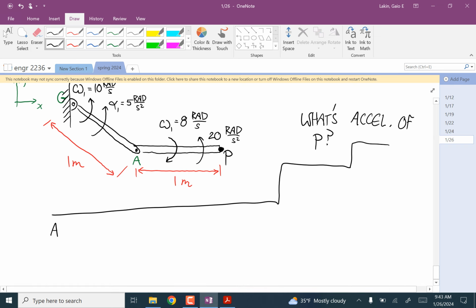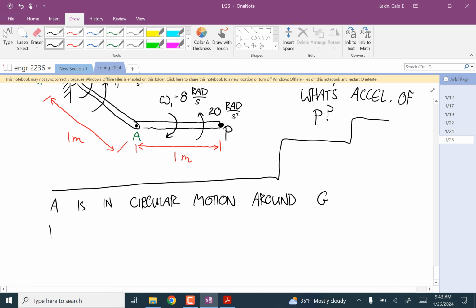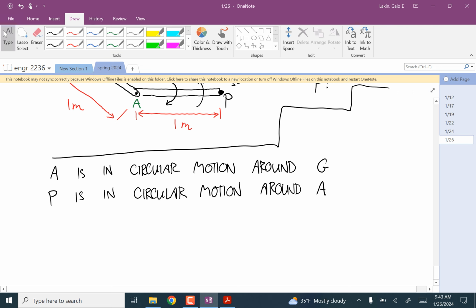So A is in circular motion around that pin G. And P is in circular motion around A. Okay, so first, acceleration of A relative to G.